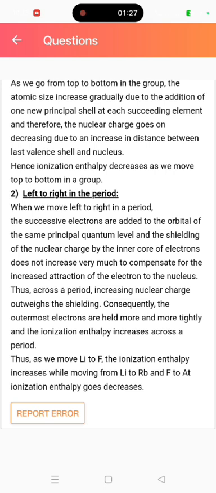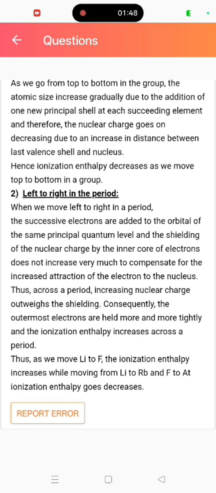So the shielding effect is not that much. So the nucleus is attracting the outermost electron close to it. Thus, across the period, increasing nuclear charge outweighs the shielding. Consequently, the outermost electrons are held more and more tightly, and ionization enthalpy increases across the period.